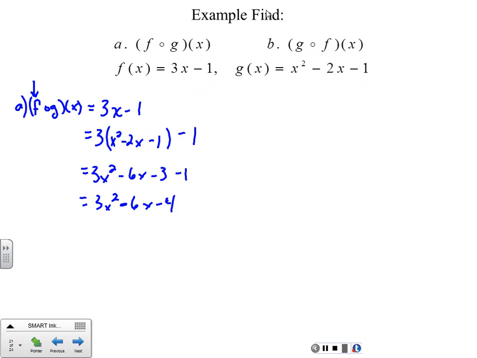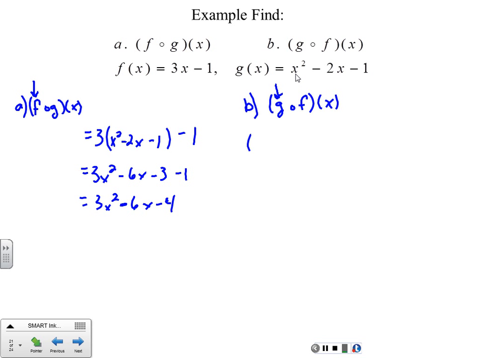So, let's try part B. Let's do g composite f of x. Alright, so g composite f. Again, what I'm going to do is take the g function, and everywhere I see an x, I'm going to make a skeleton. Okay? So, here's an x squared.